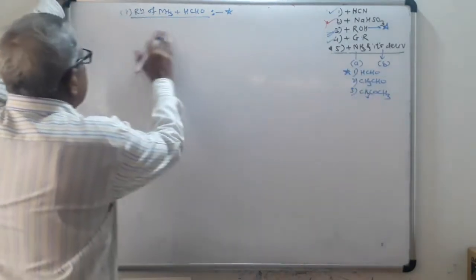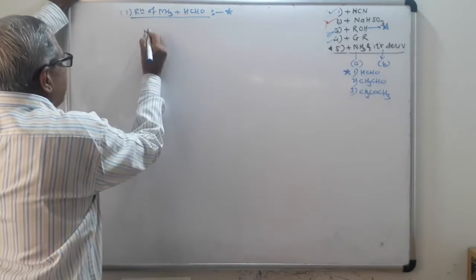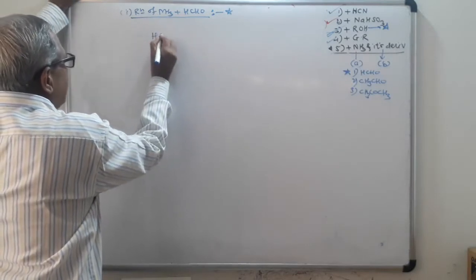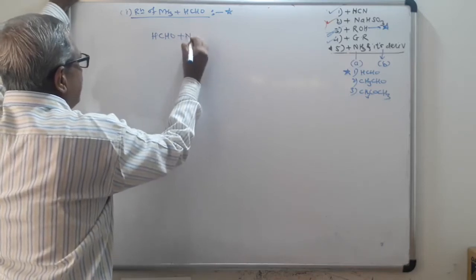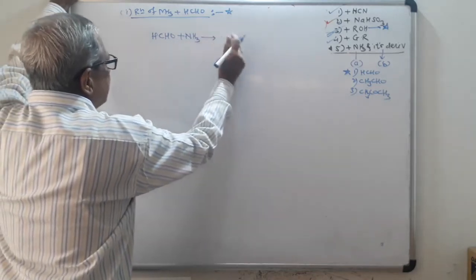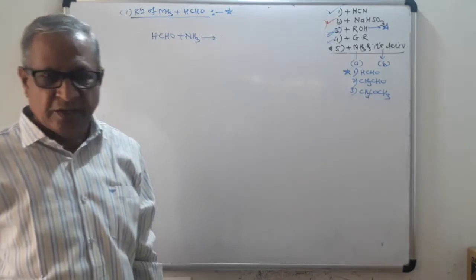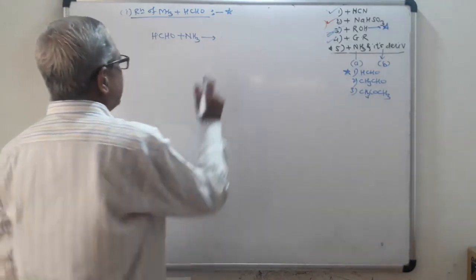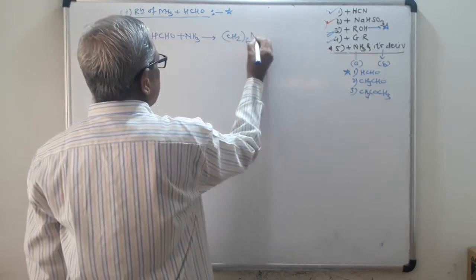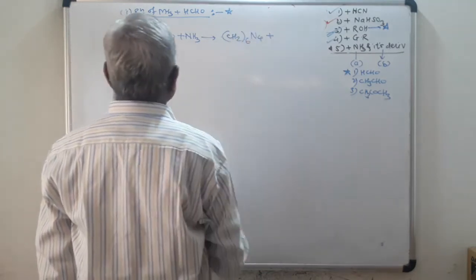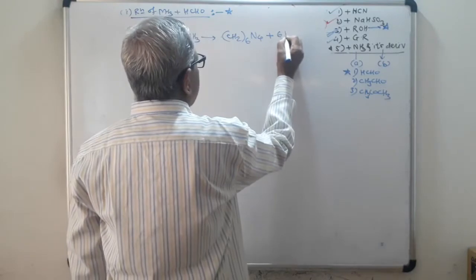Now, addition of ammonia to formaldehyde: HCHO and ammonia NH3 gives dash dash. This is a very important question. Now see the reaction here. You will get (CH2)6N4 plus 6H2O.